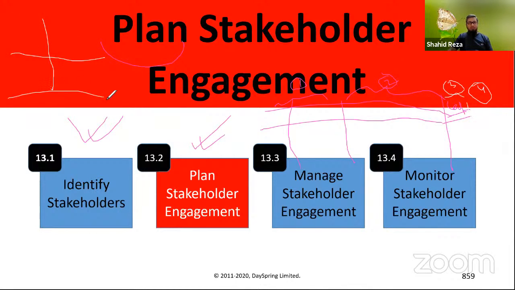Those who have the highest influence, highest power, we set a strategy to manage them closely, right? And in this quadrant, just monitor. And in this quadrant, what strategy do we set? Can anyone say? Keep informed, right?